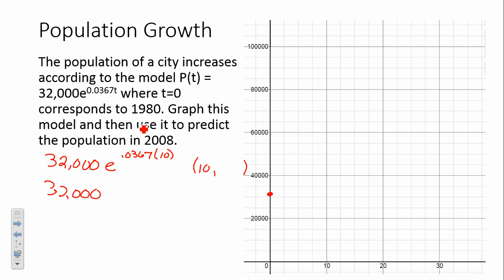They asked us to graph the model first, and then once we have it graphed, figure out what it's going to be in 2008. It's just a number. You can choose 5 or 7 or 13.